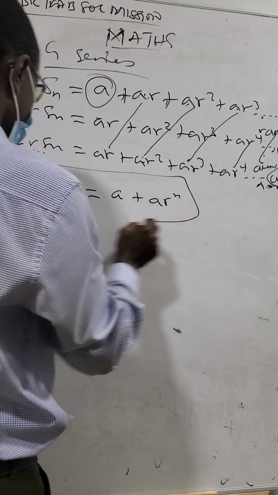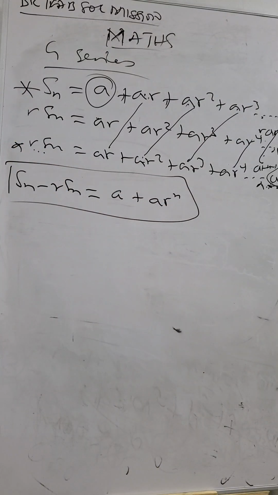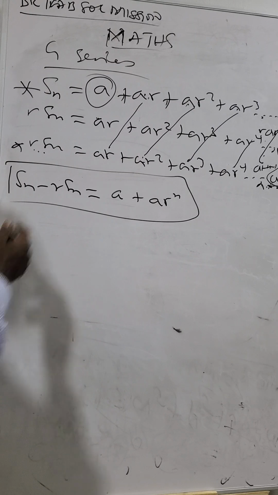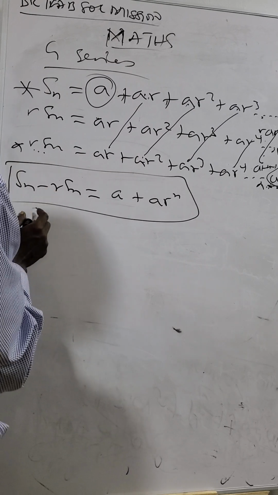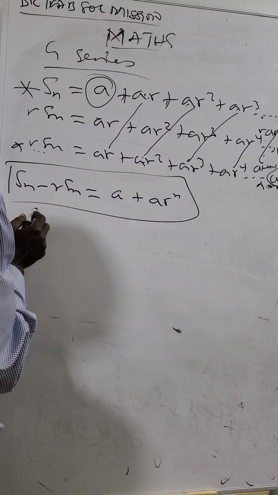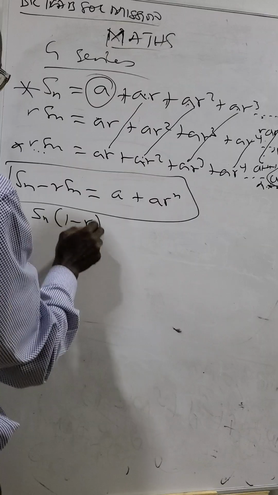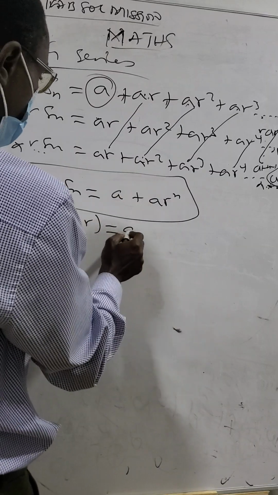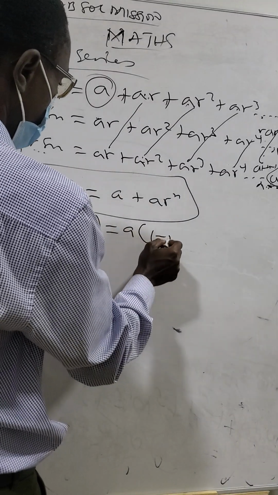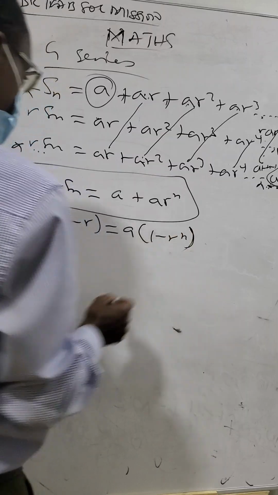Then this is the expression, and from this we should be able to rearrange to get the formula. So this will come out as Sn times 1 minus r, which is equal to a times 1 minus r to the power n. Right.